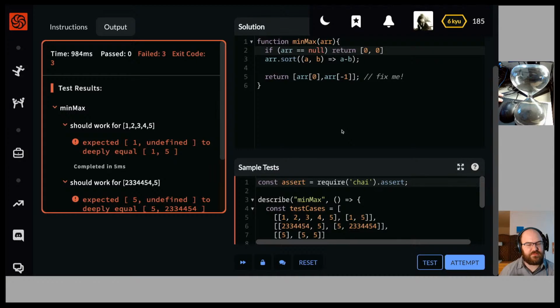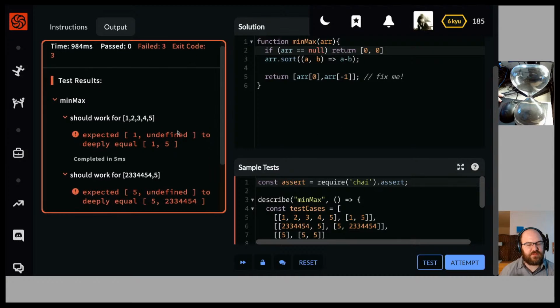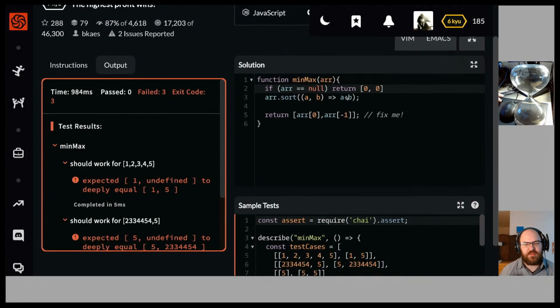Uh-oh. But has slice it at -1. So array at -1 is undefined. Let's slice -1 at 0.